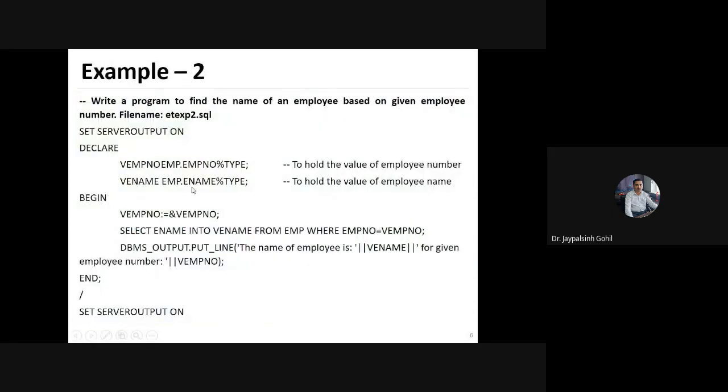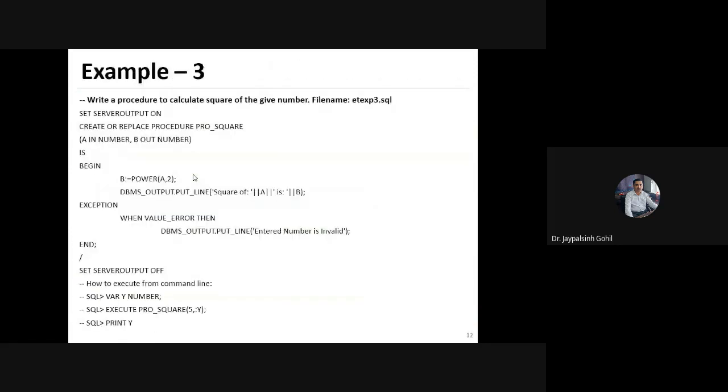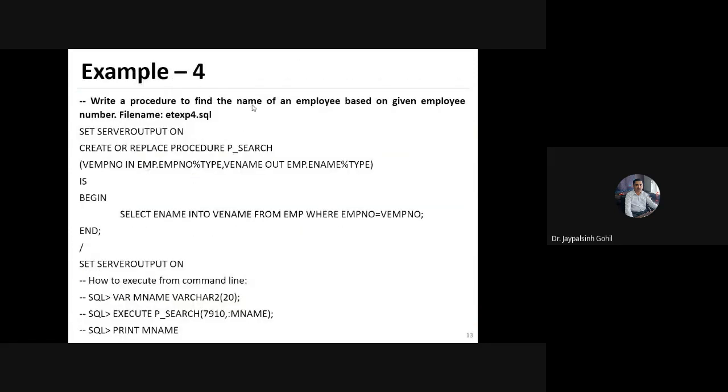So same way, that many number of parameters, either in mode or out mode, we have to define in procedure. So here I have written VEMP number, in mode parameter, and same anchor declaration that I have done in example 2. That is also allowed here while you are declaring the parameters.